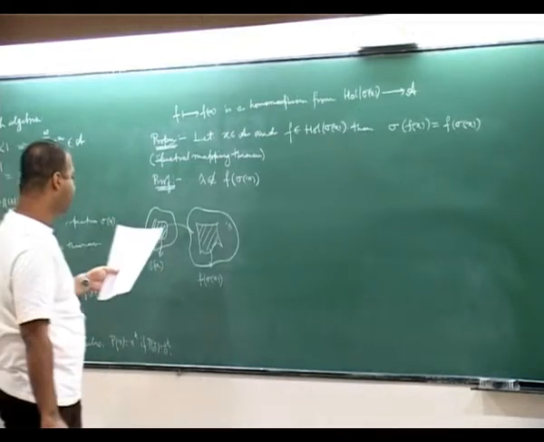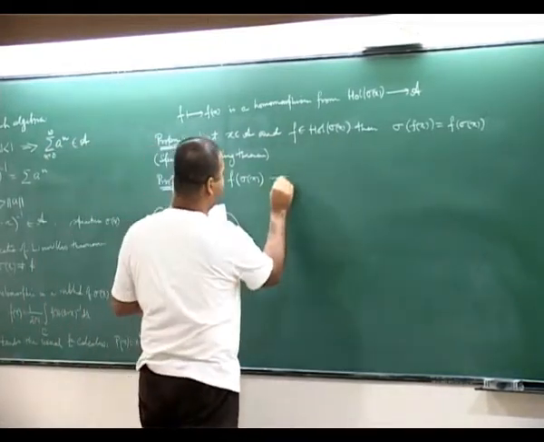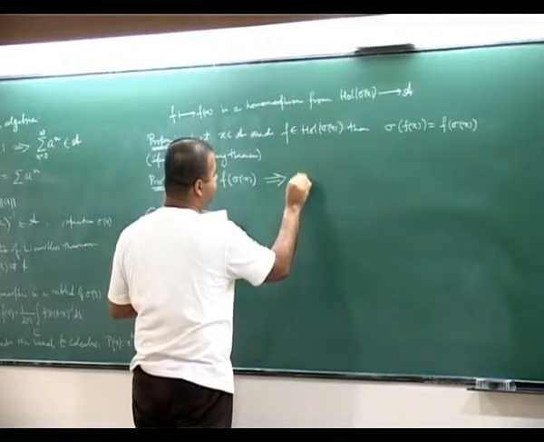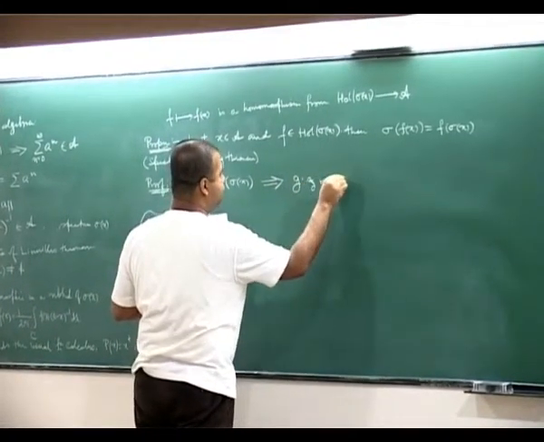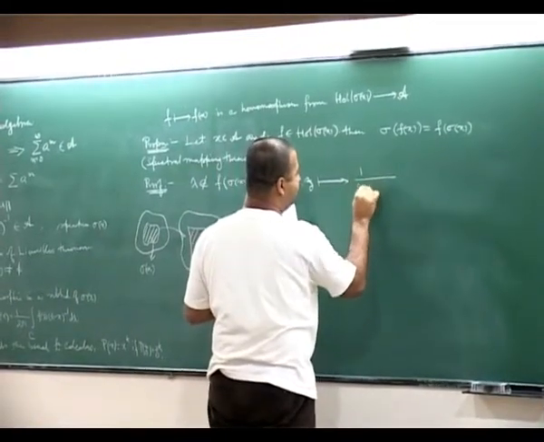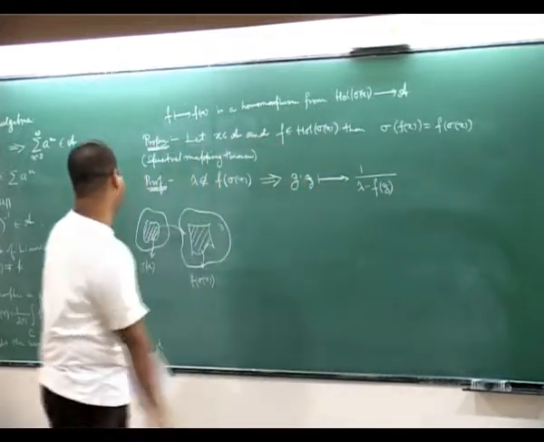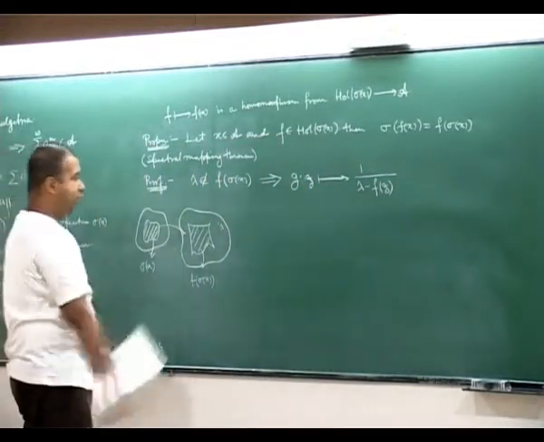So kind of we can form this function g, which is z going to 1 by lambda minus f(z). So this function is defined in a neighborhood of sigma x.